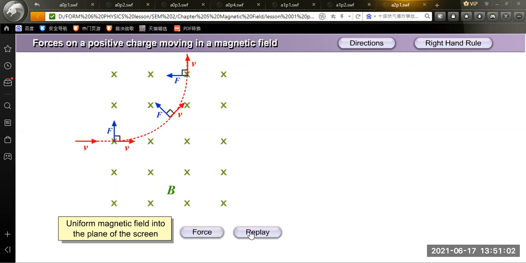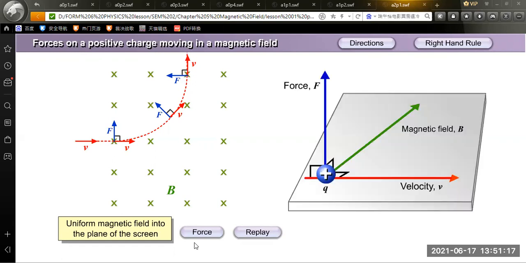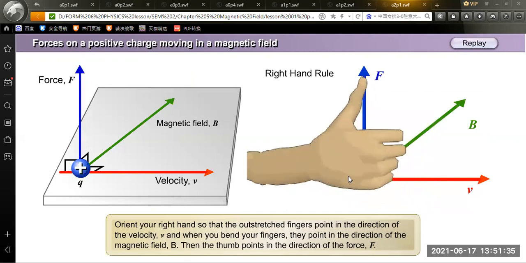Okay. So now, how about the direction? It shows a charge moving with a speed where the magnetic field is going in. That means this will be the F. What can we use? We can use the right hand grip rule.